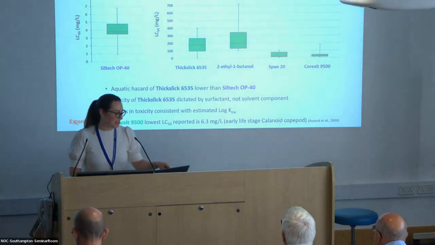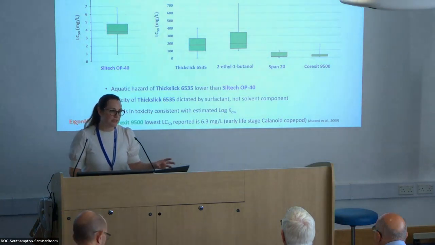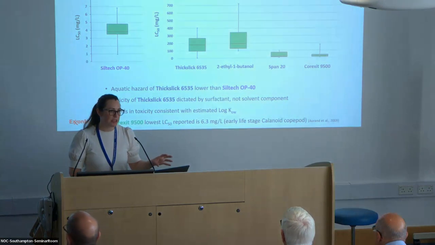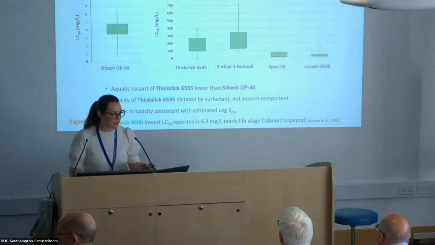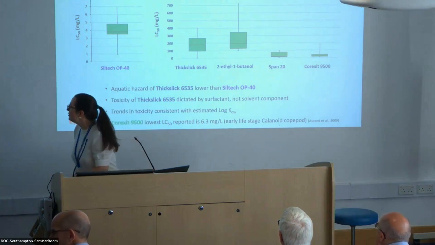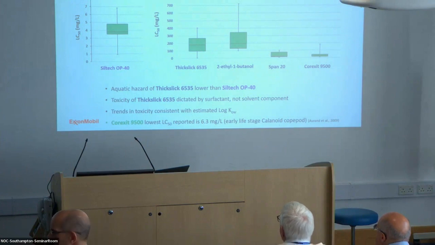From the data on the left-hand side, Siltec OP40 has the lowest LC50, making it the most toxic to aquatic organisms compared to Thick Slick and then Corexit. You can also see, if you compare Thick Slick to the two individual components, that the toxicity of Thick Slick is really driven by the SPAN20 here.